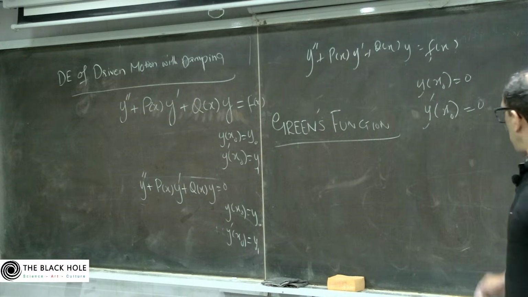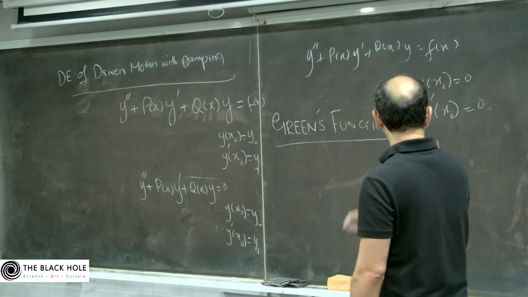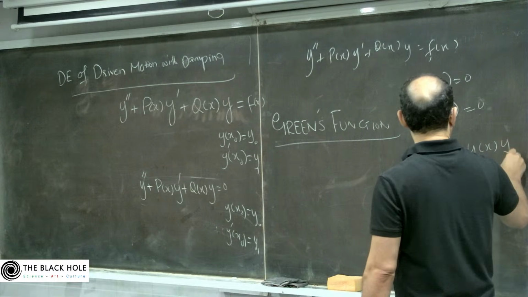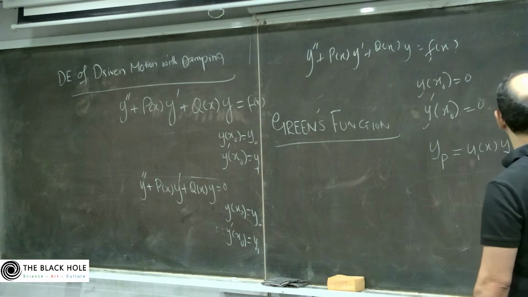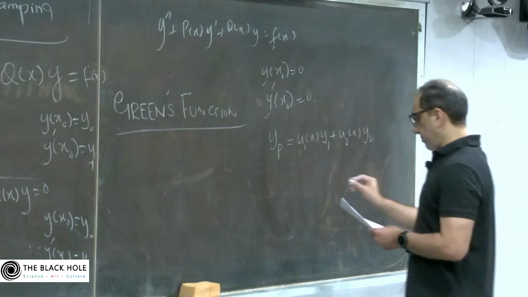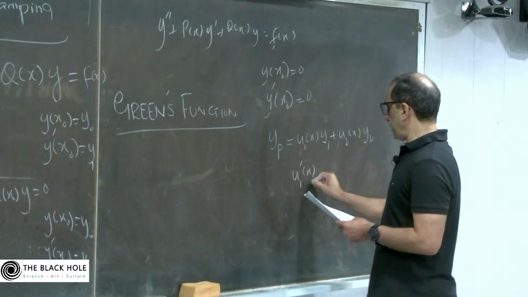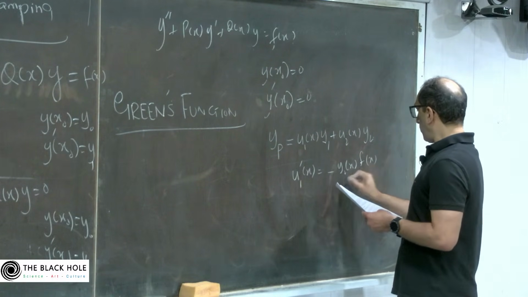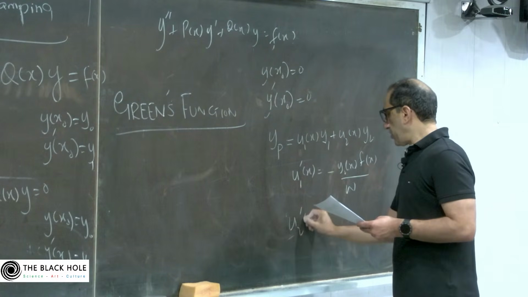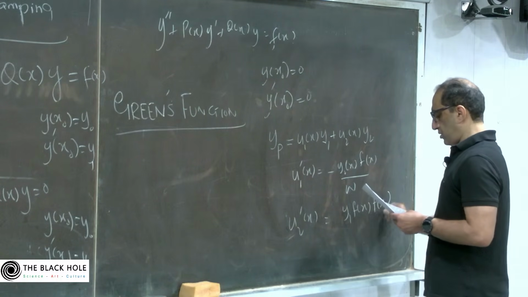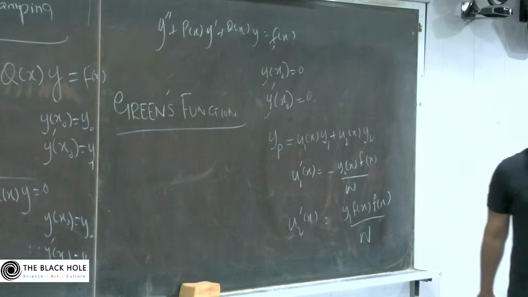So what did we do? We said in the method of variation of parameters that yp is equal to u1(x) y1 plus u2(x) y2, and we said that we can find the values by applying this: u1'(x) = -y2(x) f(x)/W, and u2'(x) = y1(x) f(x)/W.